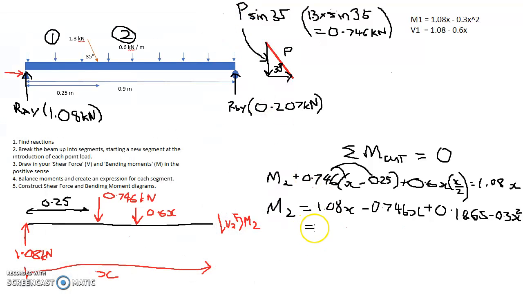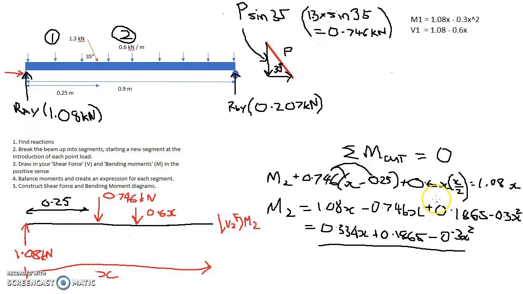So we have 0.334x, add 0.1865, take 0.3 x squared. So there's my final expression for the bending moment in segment 2 of the beam, and we're going to derive that to get V2.